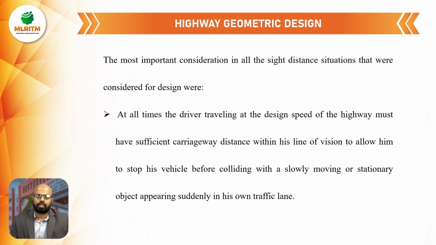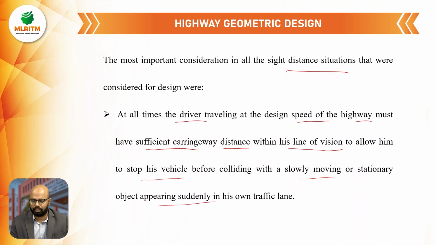The most important consideration in all the sight distance situations is that at all times the driver traveling at the design speed of the highway must have sufficient carriageway distance within his line of vision to allow him to stop his vehicle before colliding with a slowly moving or stationary object appearing suddenly in his own traffic lane, the lane on which the driver is moving.